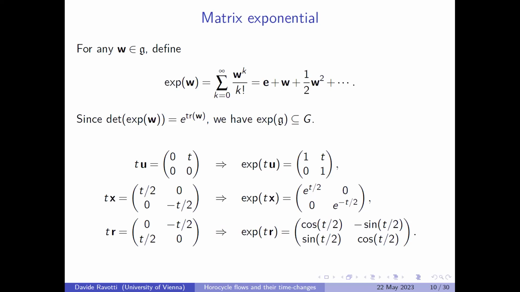Maybe you could do the same with little b, that was 0, 0, 1, 0, and you would get 1, 0, T, 1. But let me give another example. This is maybe less immediate to see, but you can convince yourself that if you take R to be 0, minus 1/2, 1/2, 0, and then multiply by T, and you compute the exponential of this matrix, so you compute this infinite series, you end up with this rotation matrix: cosine of T over 2, minus sine of T over 2, sine of T over 2, cosine of T over 2.